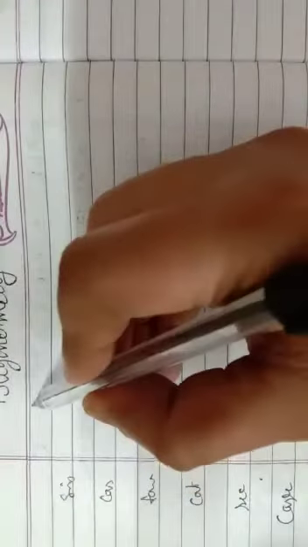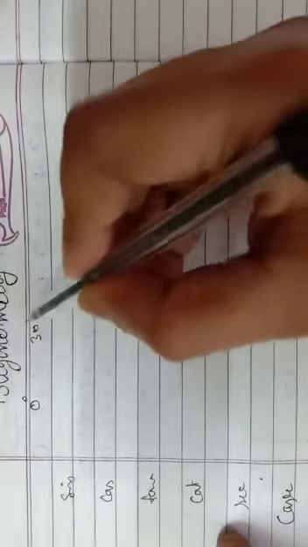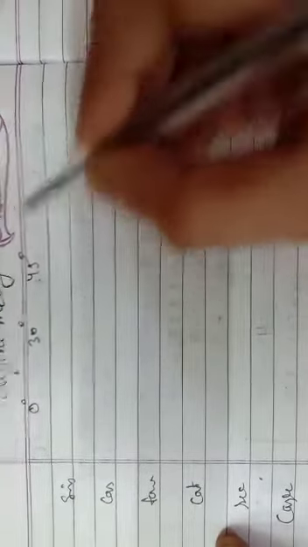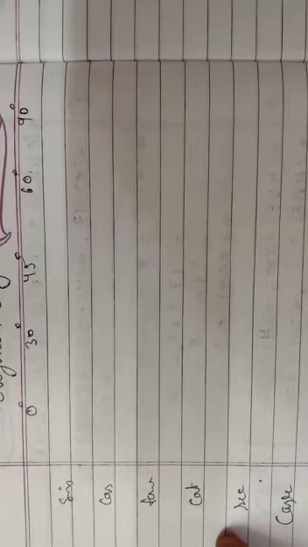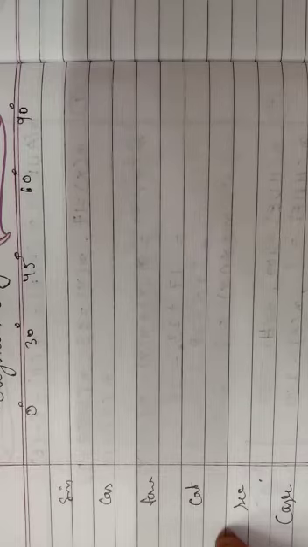Clear? These values you know very well, about 0 degree, 30 degree, 45 degree, 60 degree and 90 degree. Clear? And in class 11th I explained in that way how you will get these values.